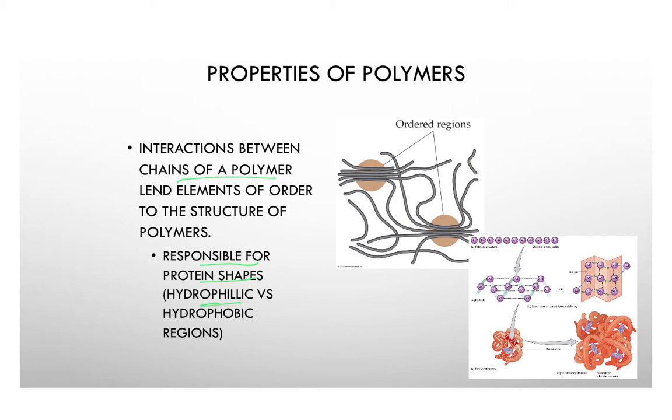There are hydrophilic and hydrophobic regions, areas that attract water and areas that repel from water. As a result, your chain of amino acids will start folding up, and eventually you get a nicely folded up protein that is held together in a particular shape or arrangement, because there are hydrogen bonds and dispersion forces interacting between the different parts of the molecule.